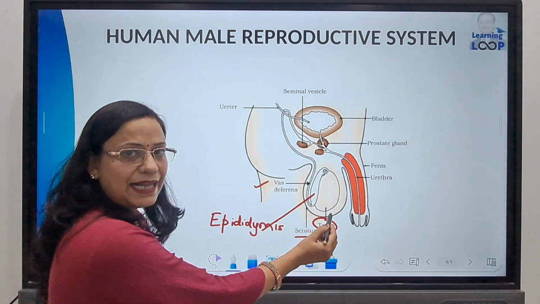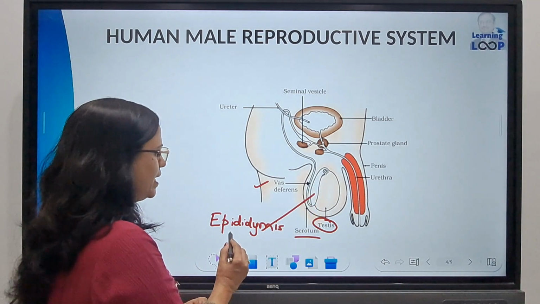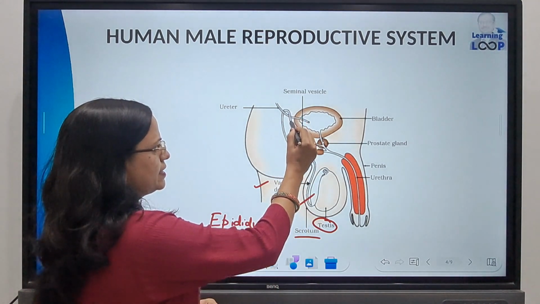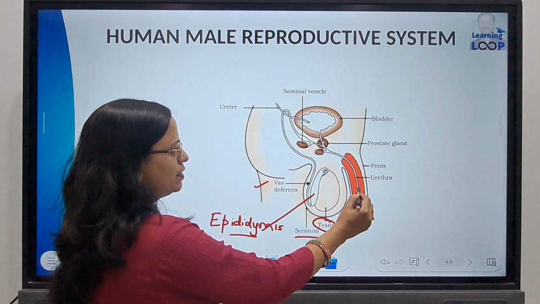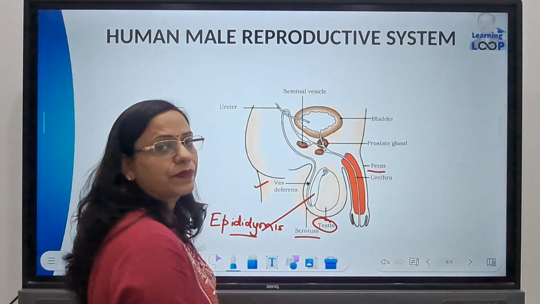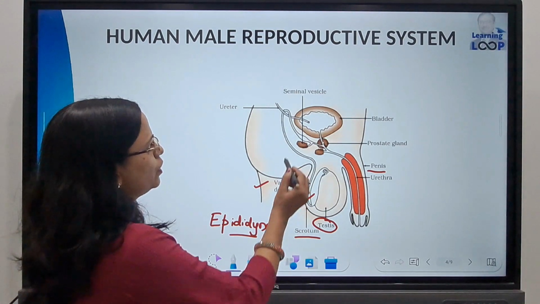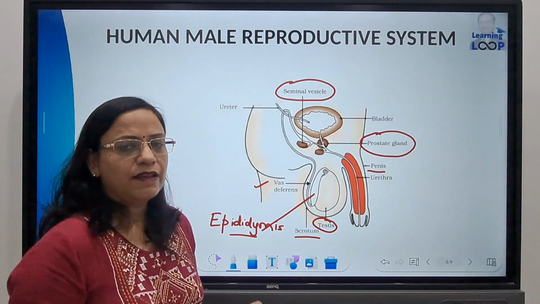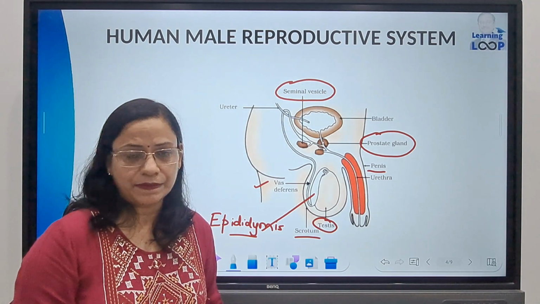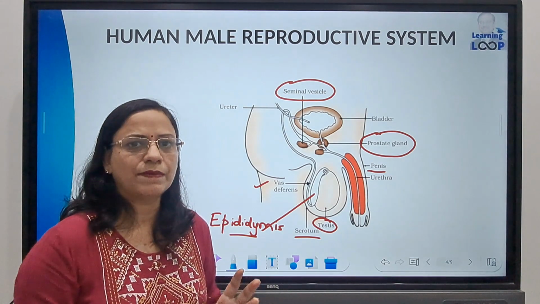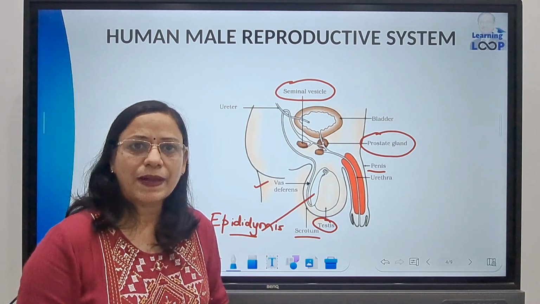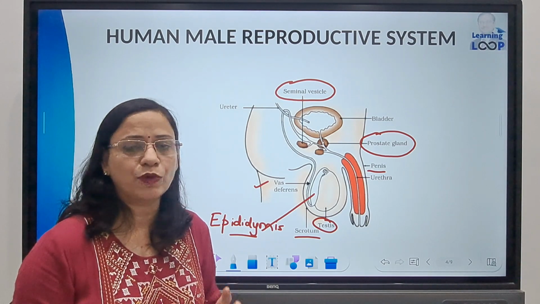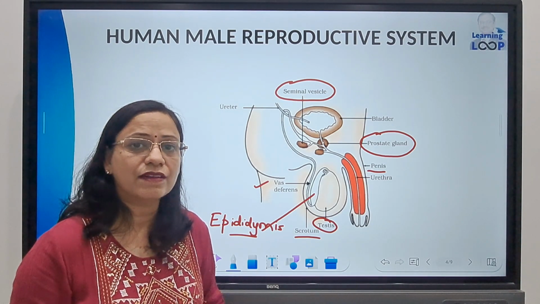So the sperms are released from the testes, stored temporarily in the epididymis, and then through the vas deferens they are carried like this and finally go to the exterior through this organ which is known as the penis. Now on the way there are two glands, the seminal vesicles and the prostate gland, which add a liquid medium to these sperms. This liquid medium helps the sperms to swim fast. Plus, it also provides nourishment to the sperms because the sperms are highly motile. They have a very high energy requirement.